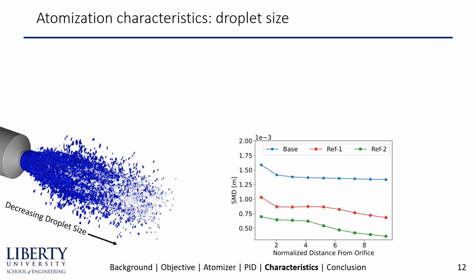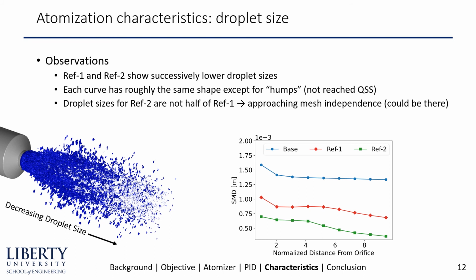And we can plot this as axial SMD profiles for each of the mesh refinement levels. A couple observations from this are that, one, Ref 1 and Ref 2 show successively lower droplet sizes, which we saw in the pictures on the previous slide. Each curve has roughly the same shape except for the humps in the lower two.